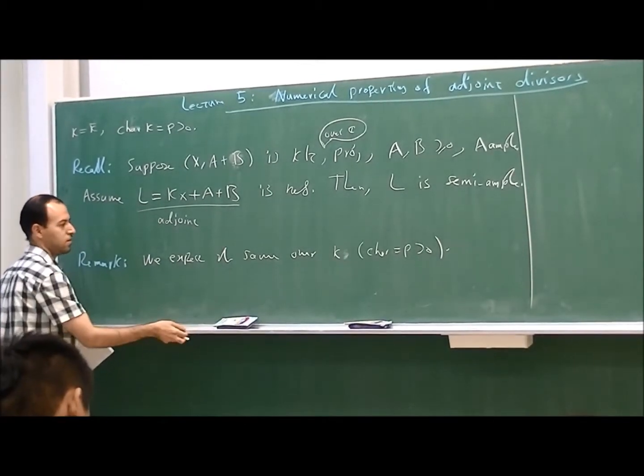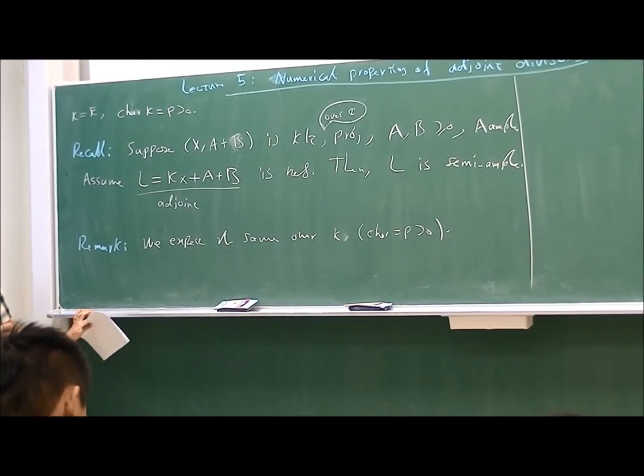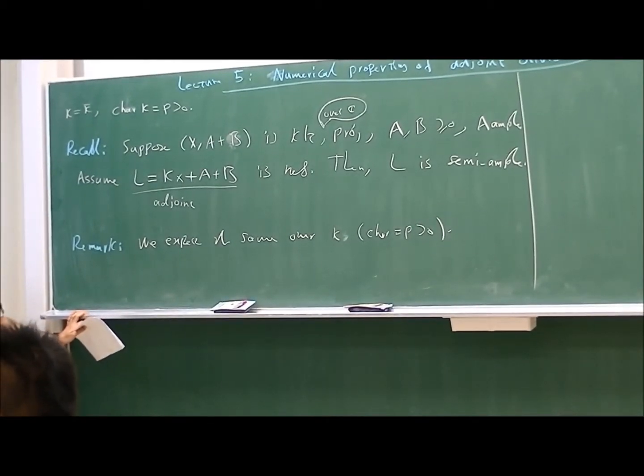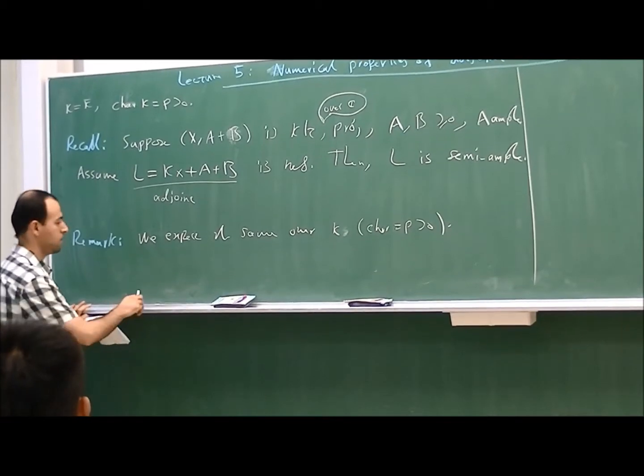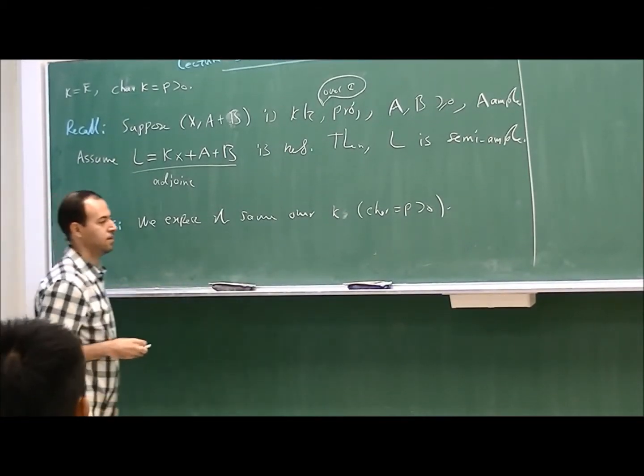There are some results in dimension 2, essentially this is true, and in dimension 3 there are some partial results that I discussed in lecture 3, but in higher dimensions there is very, very little known.